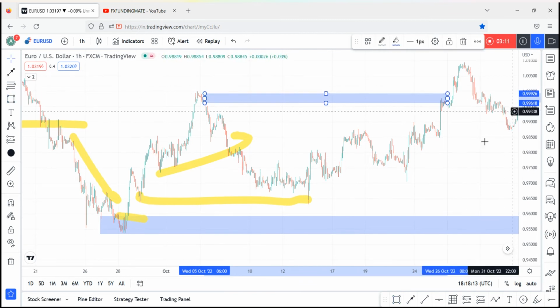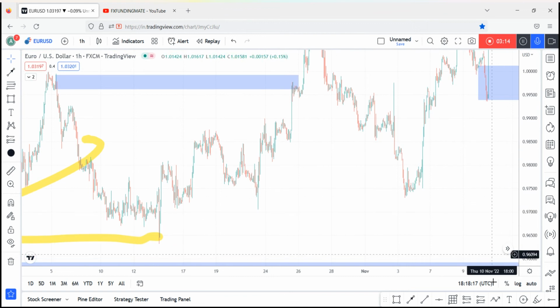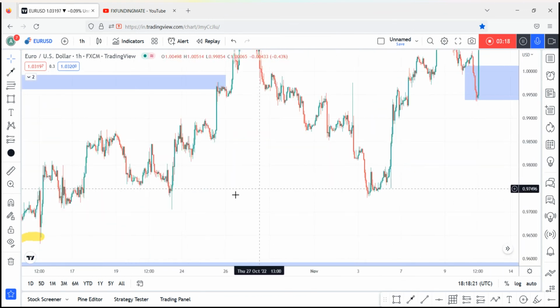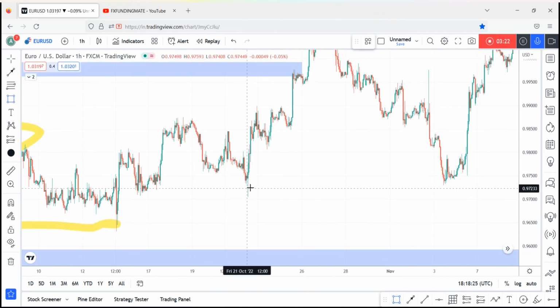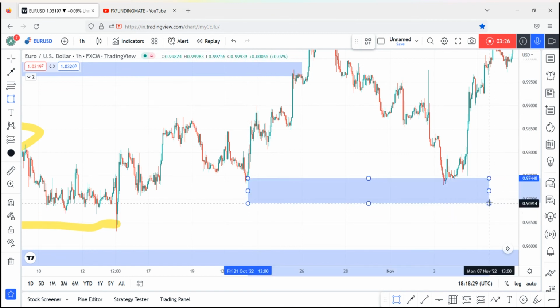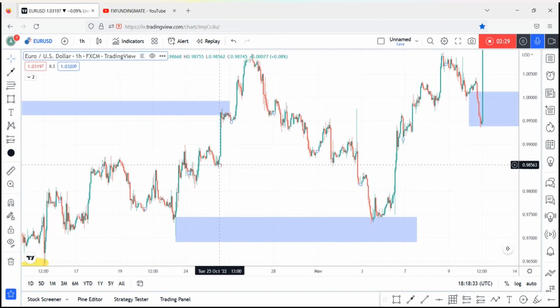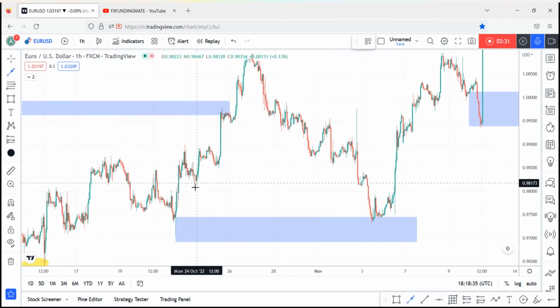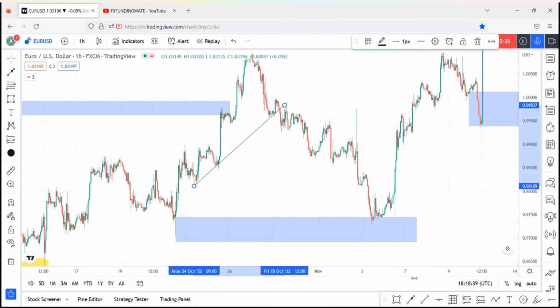So what I told you, price started going higher, right? Mitigate this demand zone. This was the liquidity, this was the liquidity, right?